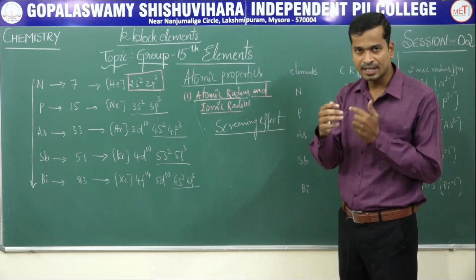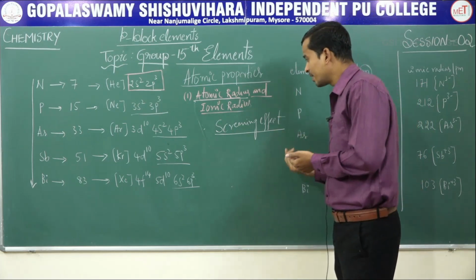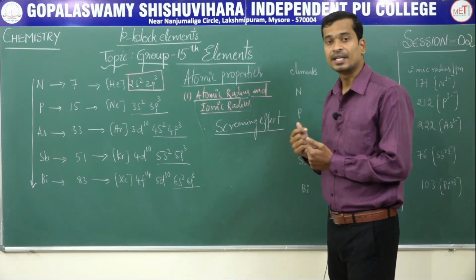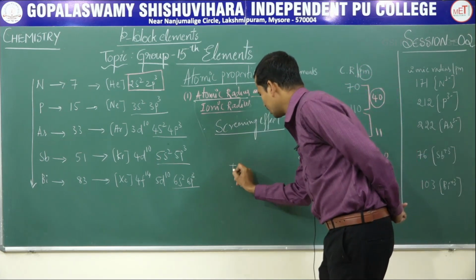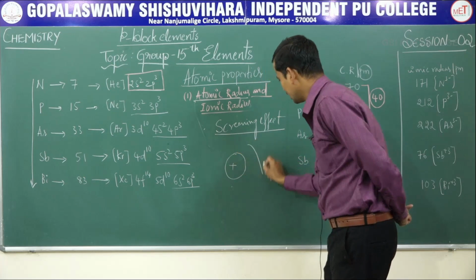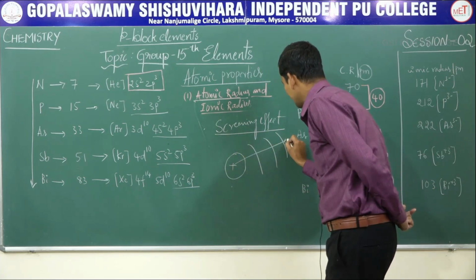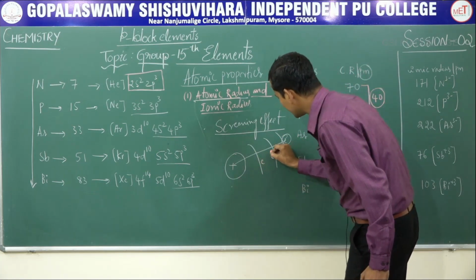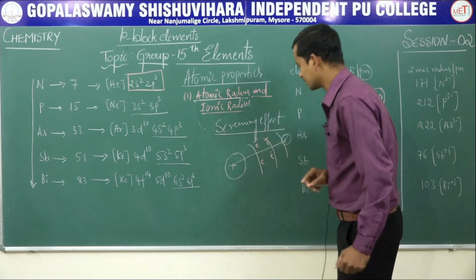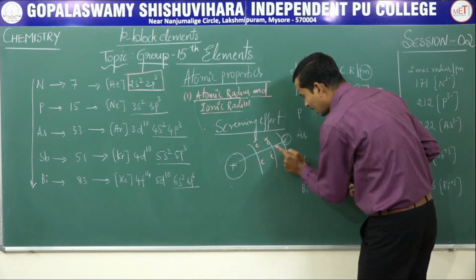Both are the same: screening effect or shielding effect. What is meant by shielding effect and what is meant by screening effect? Suppose the center of the nucleus is a positive charge. There is a force of attraction between the nucleus, the positive charge, and the valence shell.